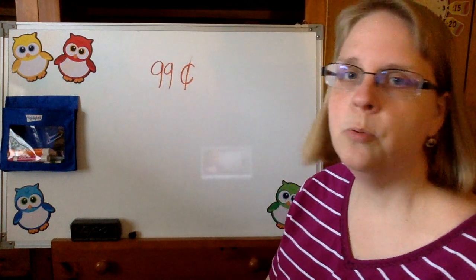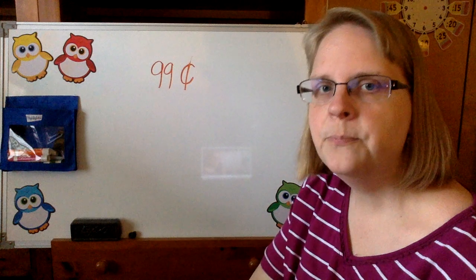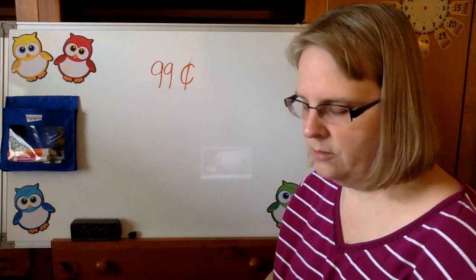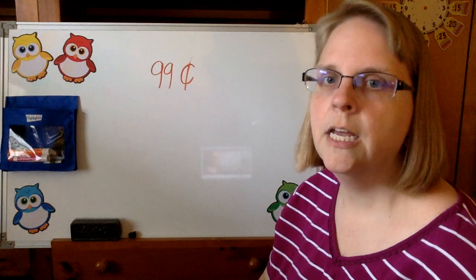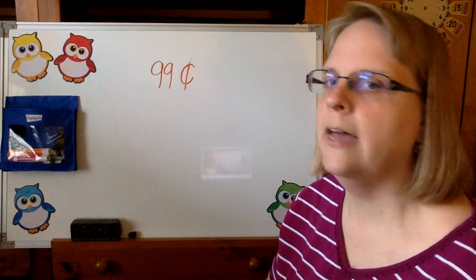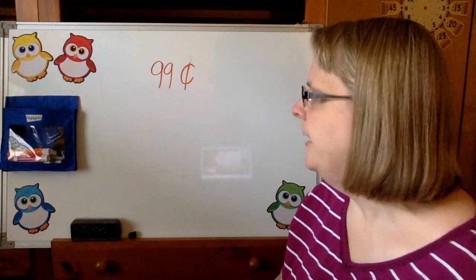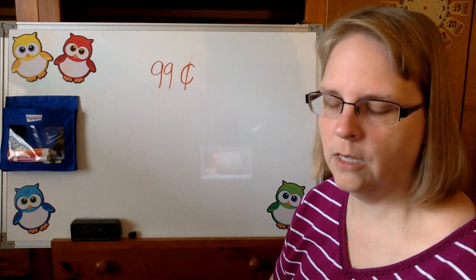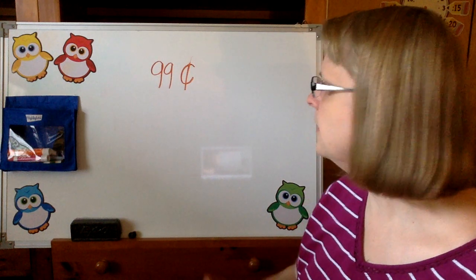There is no decimal point when using the cent sign. It is just to show any amount less than a dollar usually. You can show more than $1, but it's not typical that we see that, especially not by fourth grade. The cent sign comes after the whole number amount.